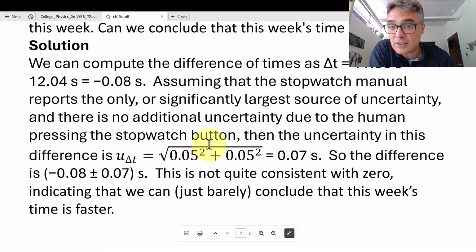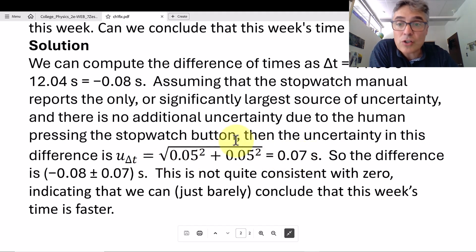You're doing a difference, so you just take the sum of the squares of the uncertainties and then take the square root. So each time has an uncertainty of 0.05, so 0.05 squared plus 0.05 squared, square root is 0.07.